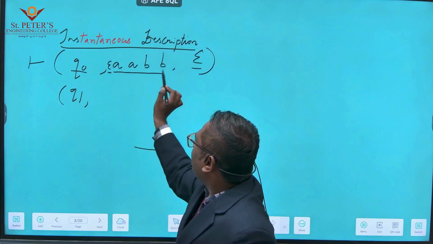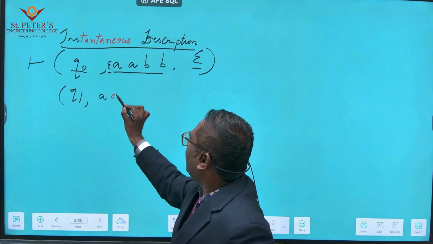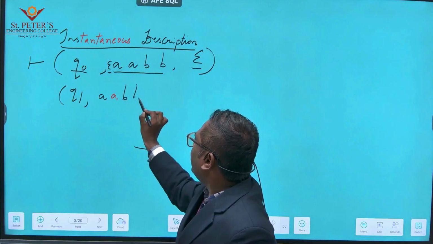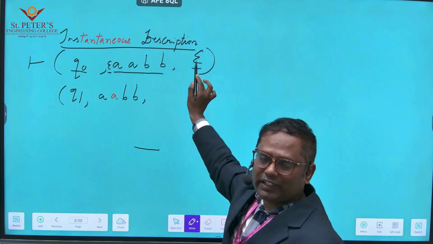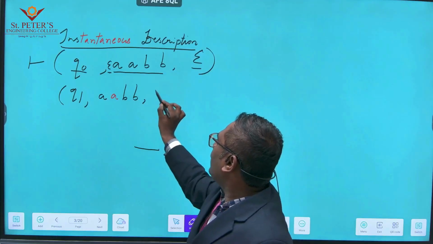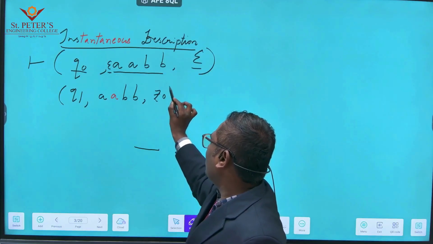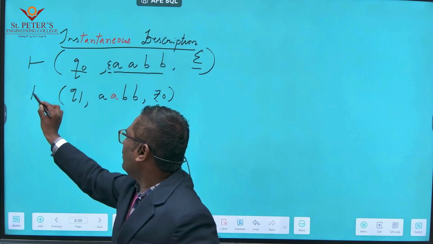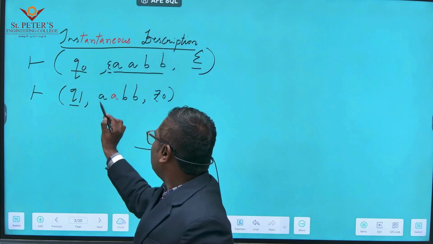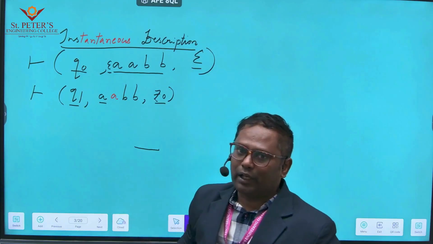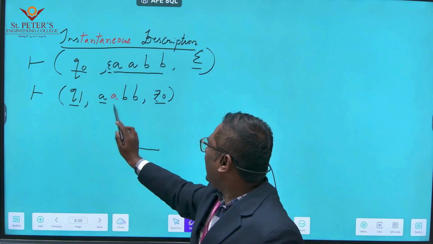Okay, so I am directed to the Q1 state. The remaining input is AA followed by BB. Initially on the top of the stack it is epsilon, but now I am adding Z0. Now this is the thing we have to concentrate on. Q1, A and Z0.